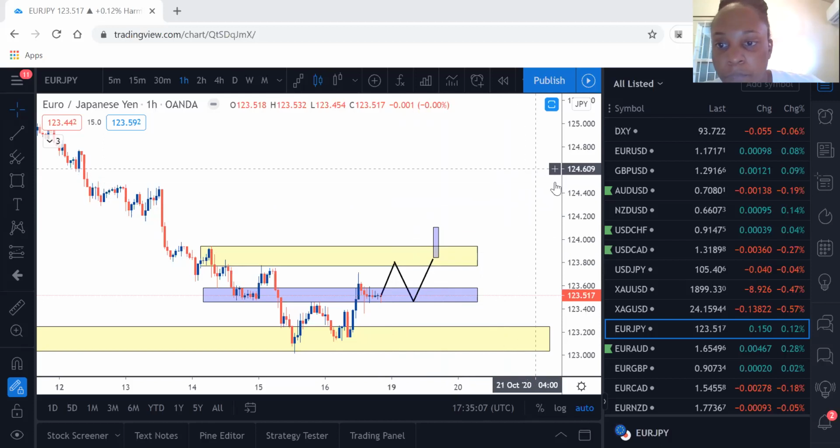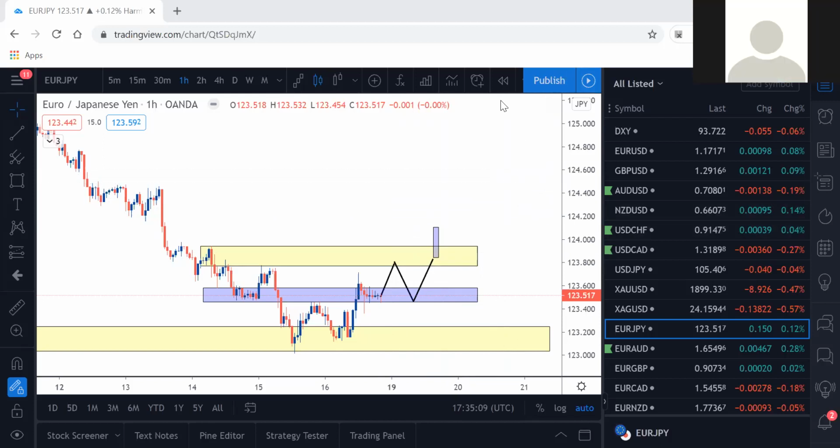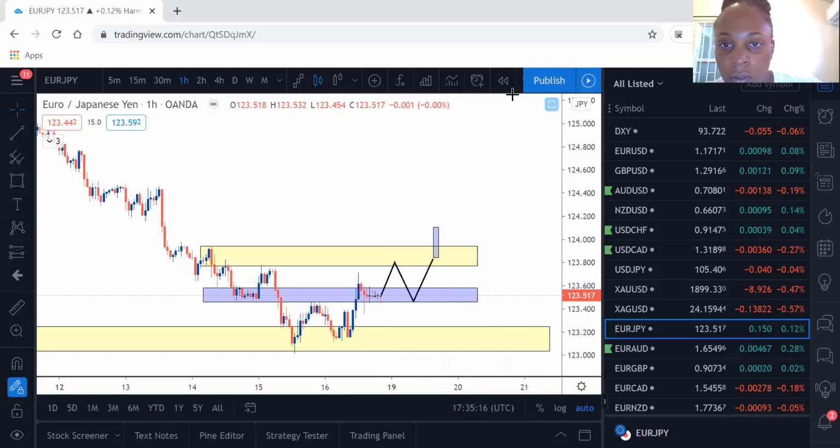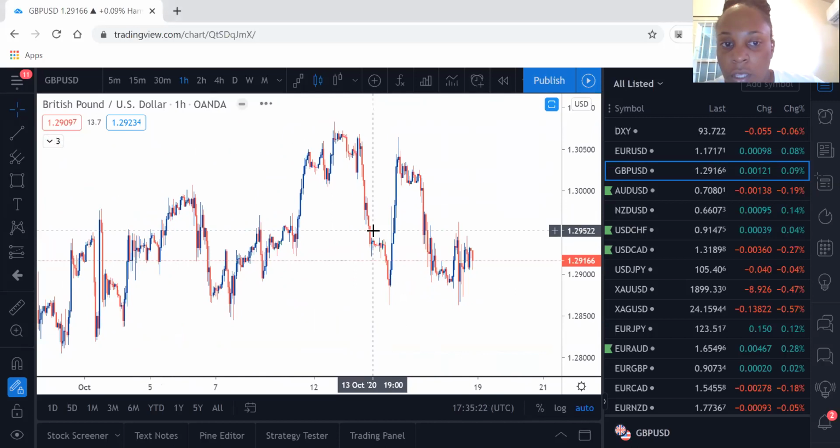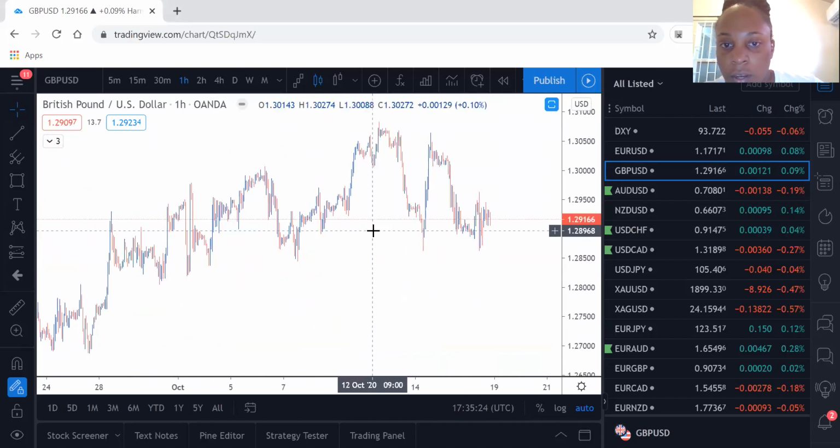All right. Whoop. What happened there? There we go. Ready. So I just want to find one more example of a regular head and shoulder.